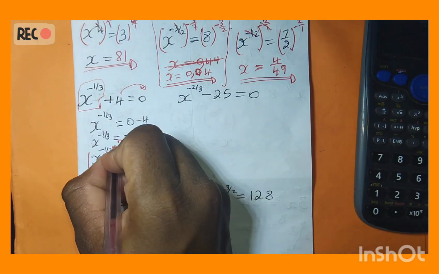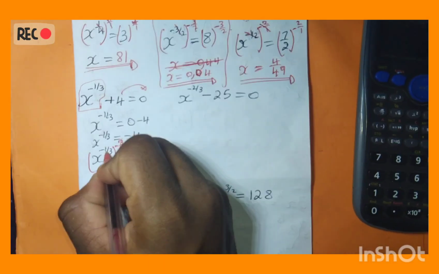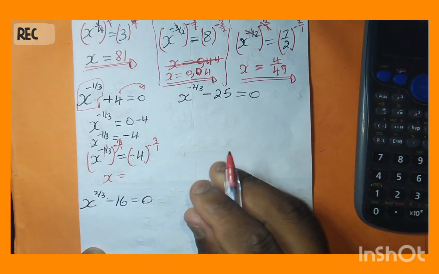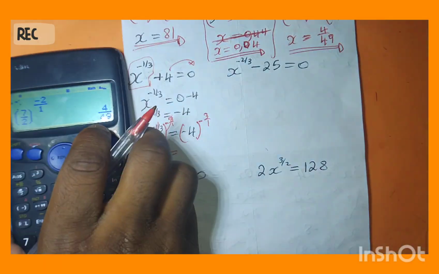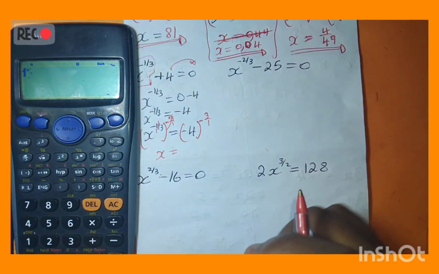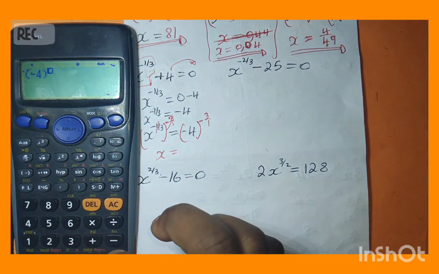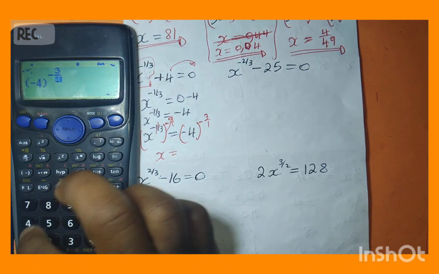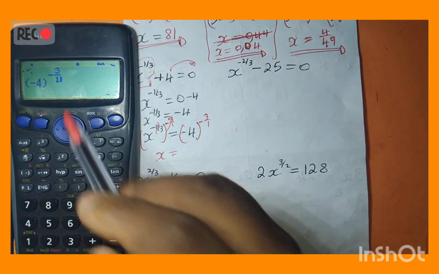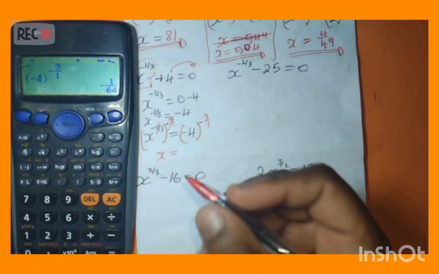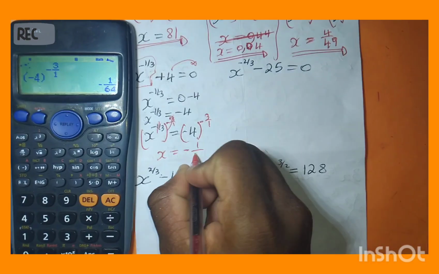But there I have a negative, meaning that it's negative. These two get cancelled, and I will be left with x. And now I can just press my calculator. So this is negative 4 to the exponent of this over 1. That's an exponent fraction, and this is what I get. It's negative 1 over 64.